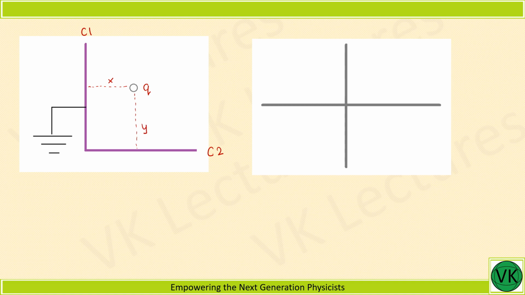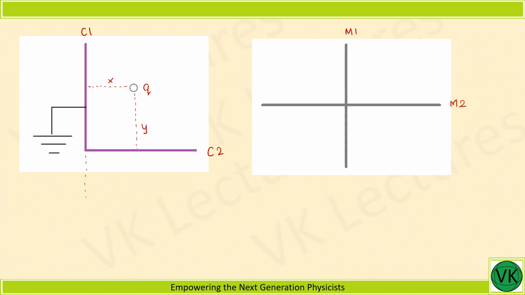This is EM1, the mirror or extended boundary corresponding to conductor 1, and here you have EM2, the extended boundary corresponding to conductor 2.